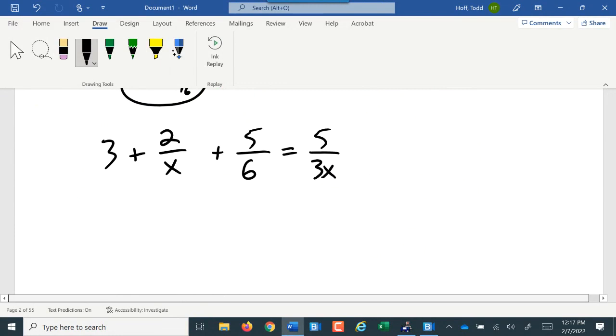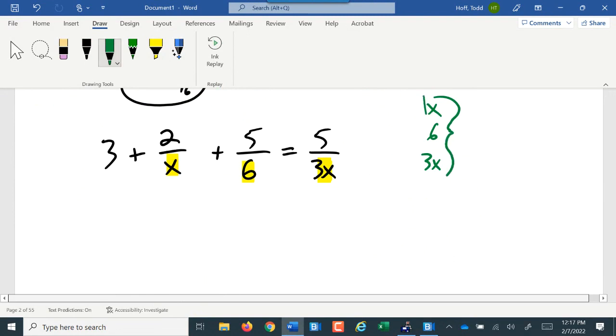Like this equation here: 3 plus 2 over x plus 5/6 equals 5 over 3x. The only way we can solve that is to find a common denominator and multiply it out. Here we have denominators of x, 6, and 3x. Smallest number that we have basically here is a 1x.